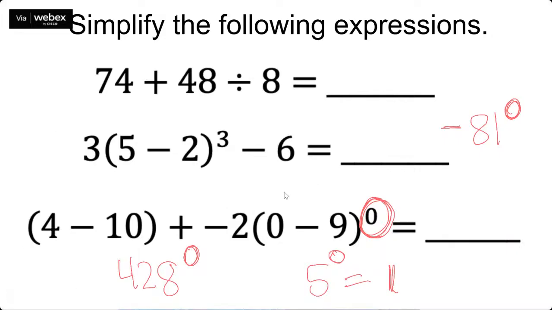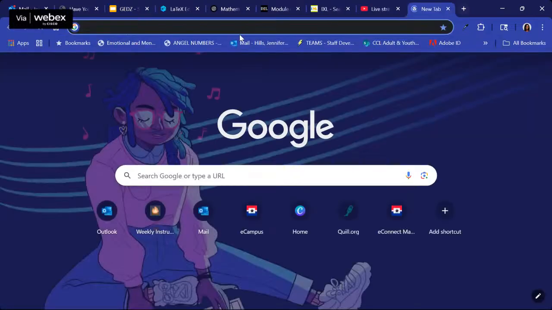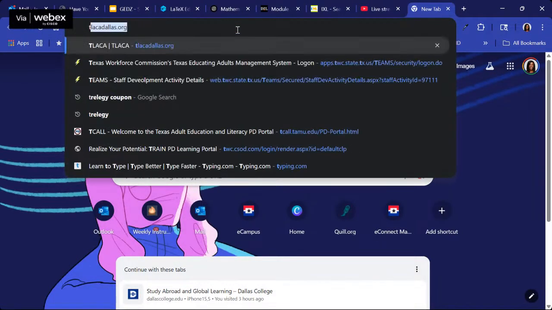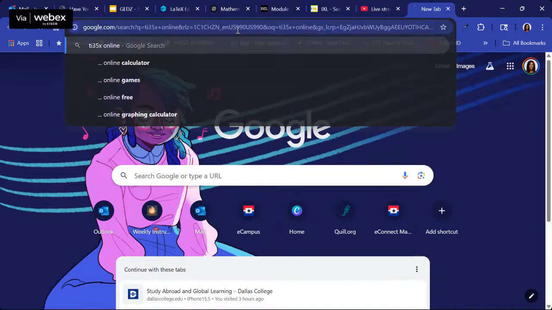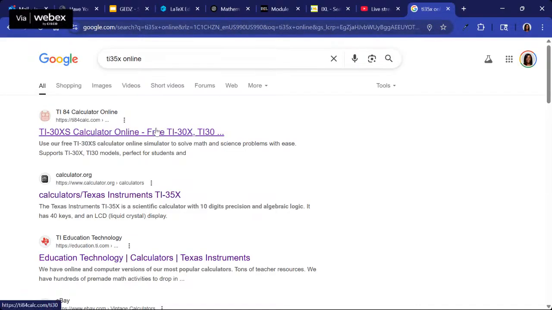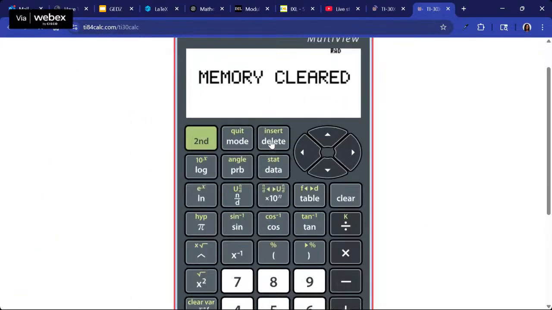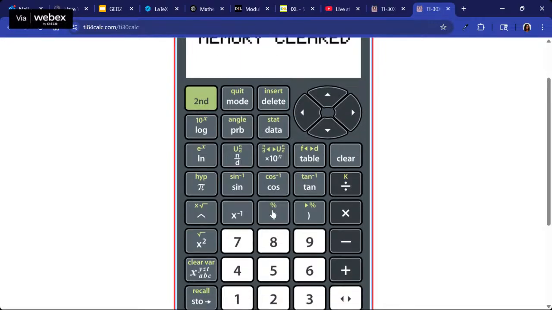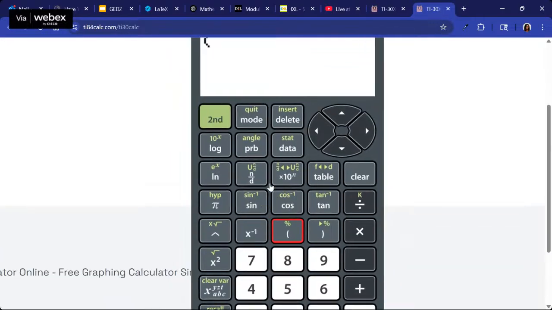Before we solve this last one here, let's go look at a calculator. I'm going to do the TI-35X online calculator. Here it is. So you can see exactly how I put this in. Okay, here's the calculator. What I'm going to do is put my negative 81 in parentheses.